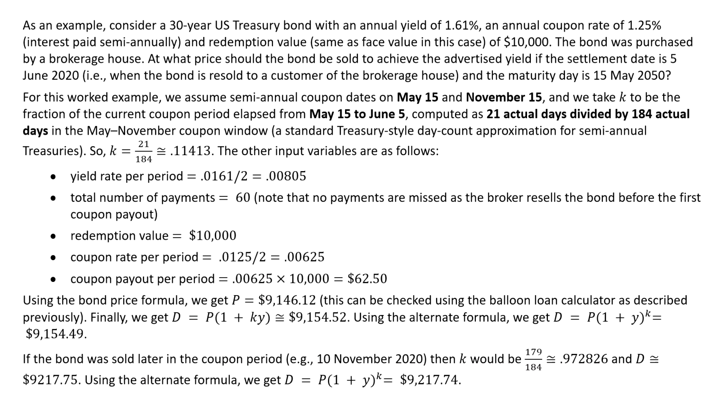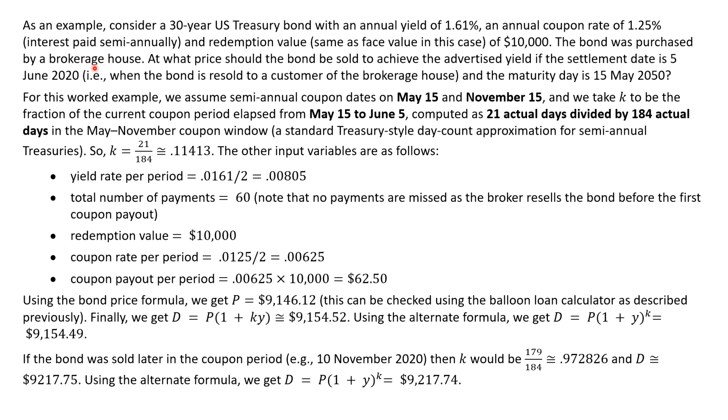As an example, consider a 30-year U.S. Treasury bond with an annual yield of 1.61%, an annual coupon of 1.25%, interest paid semi-annually, and a redemption value of $10,000, which also equals the face value. We've been assuming that pretty much throughout.